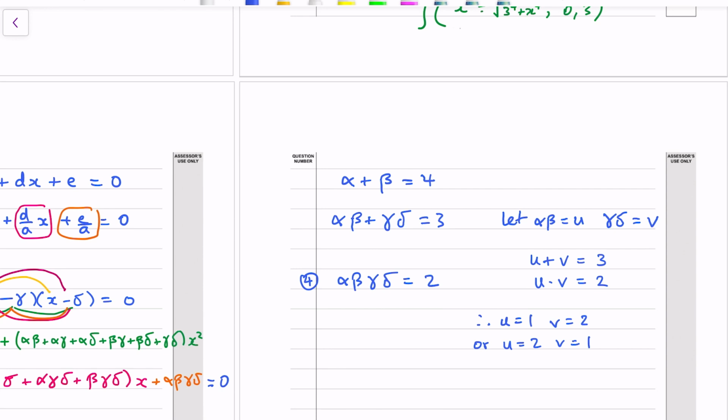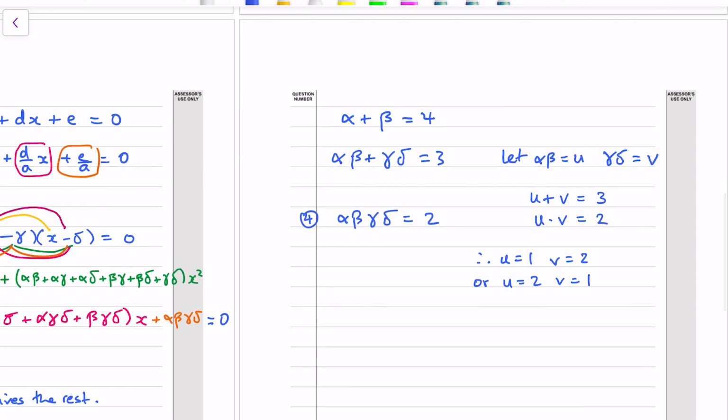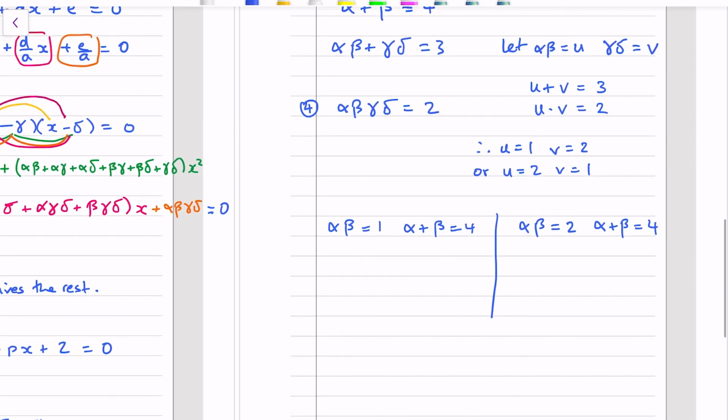Alrighty. Where does that take us? Well, we now know that alpha beta equals 1, because alpha beta is u, and we know alpha plus beta equals 4, or we've got alpha beta equals 2, but alpha plus beta is still equal to 4. Okay, and solving this, these give us quadratic equations.